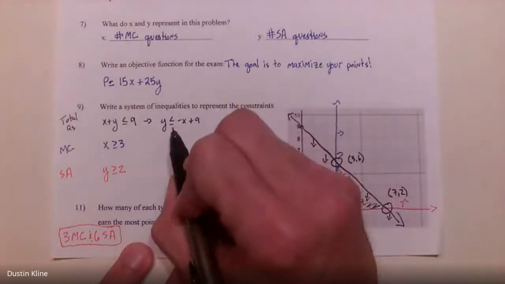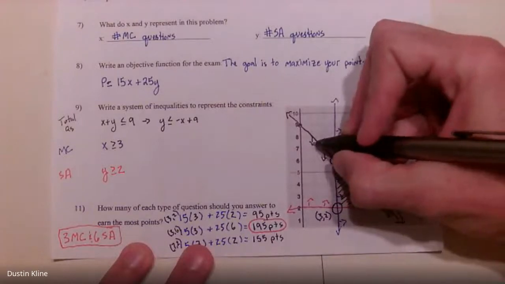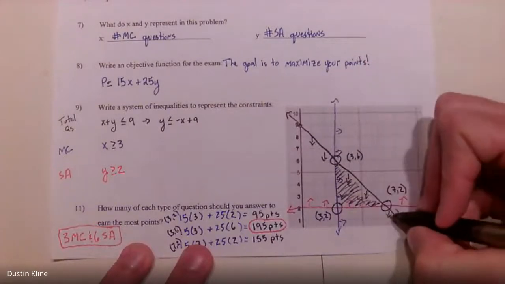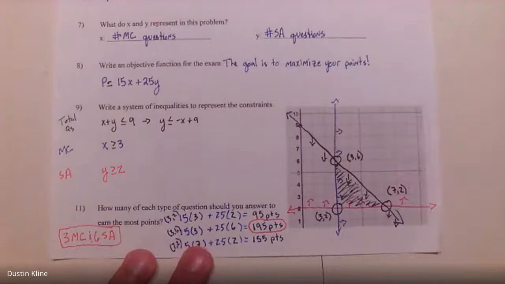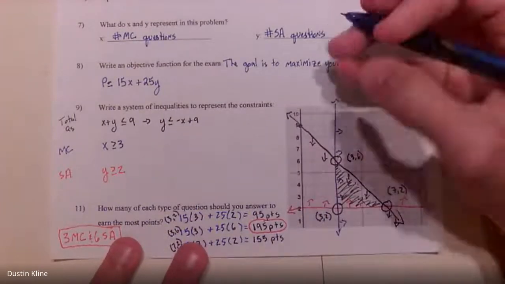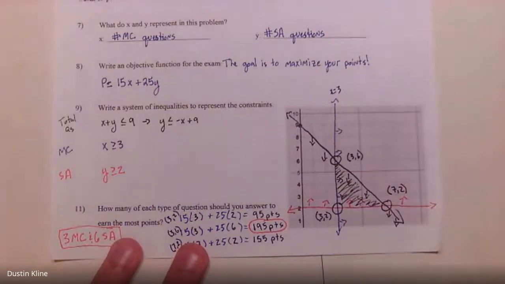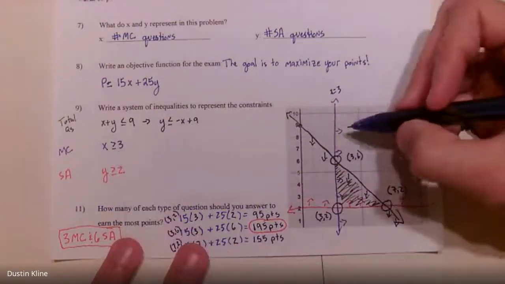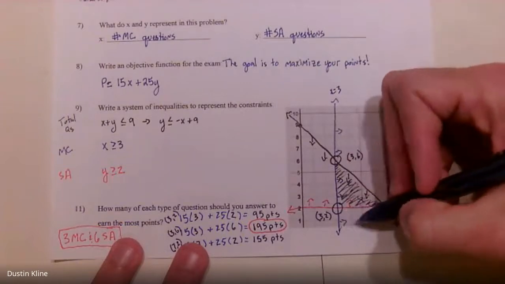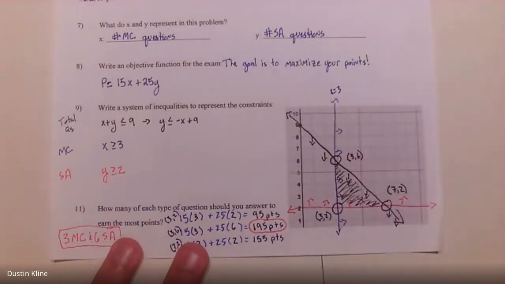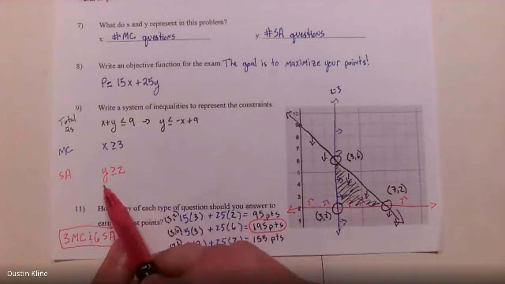Which way are we going to shade? It's less than, so we'll shade below. So we put our arrows in to remind us to shade below this black line. Our next constraint is X is greater than or equal to 3. So we graph the line X equals 3, which is a vertical line on 3. It's greater than, so again, we're going to shade to the right of that blue line. And then finally, we have a horizontal line.